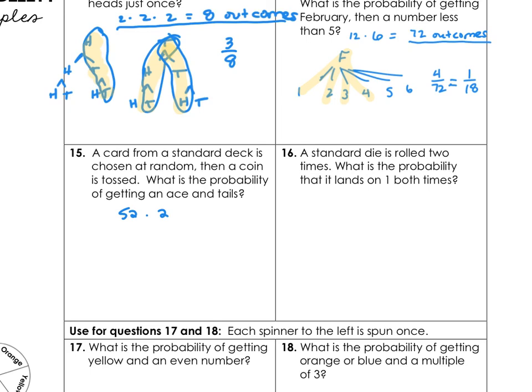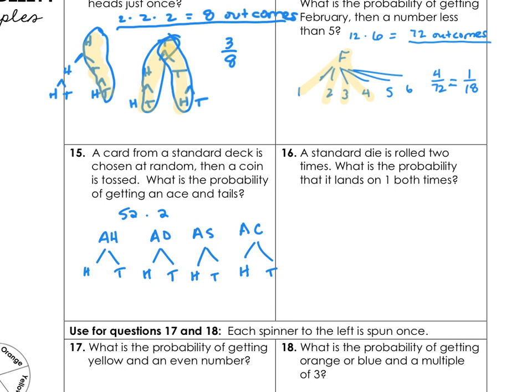And we know that we could get ace of hearts, heads and then tails, ace of diamonds, heads and then tails, ace of spades, heads and then tails, or ace of clubs, heads and then tails.